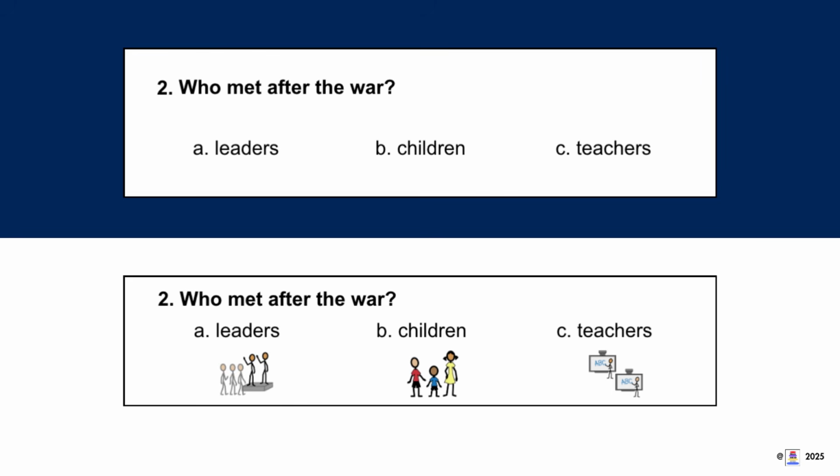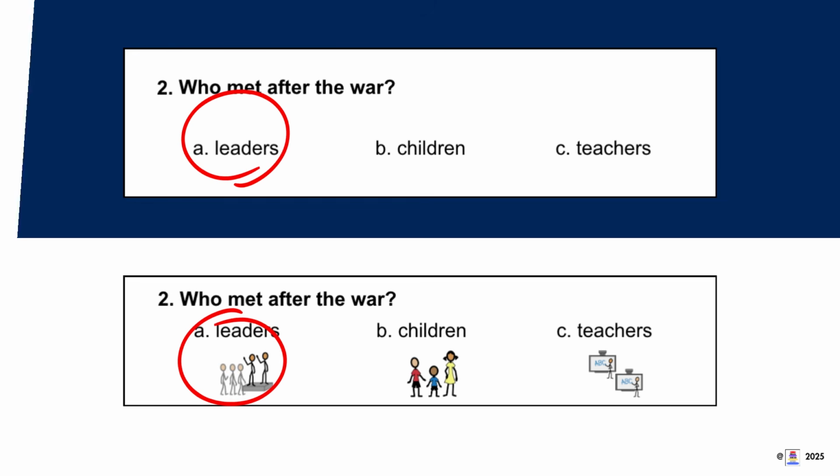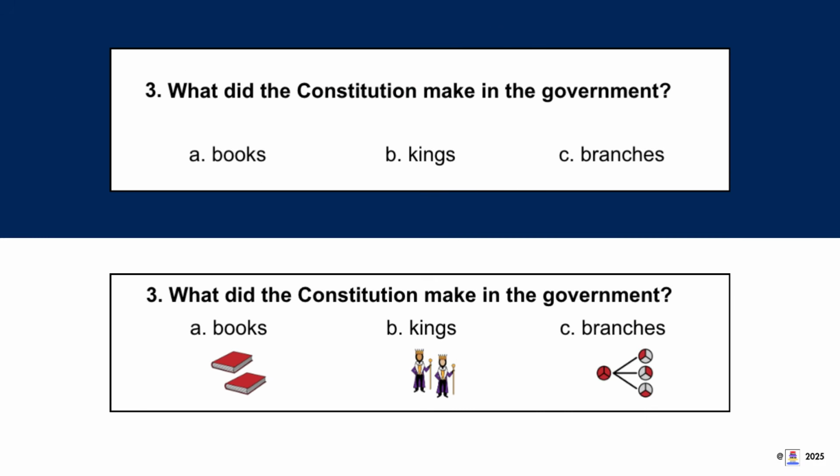Number 2. Who met after the war? A. Leaders, B. Children, C. Teachers. The answer is A. Leaders. Leaders met after the war. Leaders met after the war to make a new government and the Constitution. Number 3. What did the Constitution make in the government?